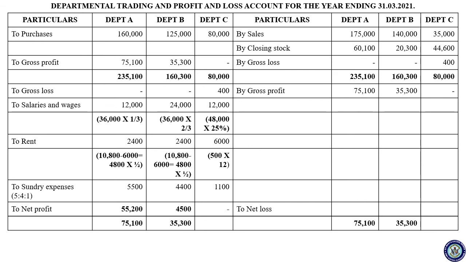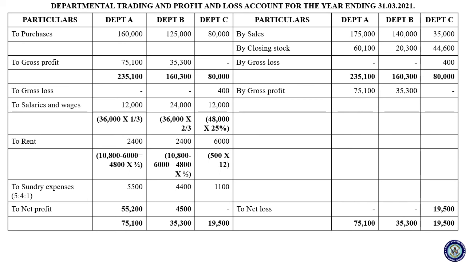The total is 400 plus 12,000 plus 6,000 plus 1,100. It comes to 19,500. The 19,500 is itself the balancing figure of department C, that is my net loss.